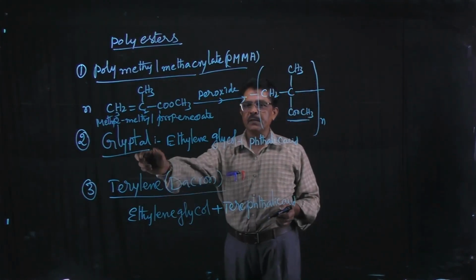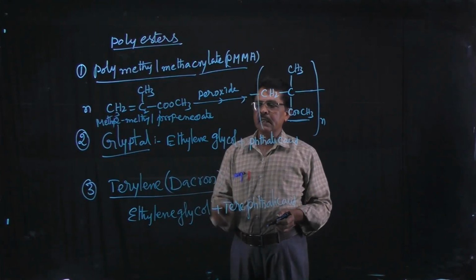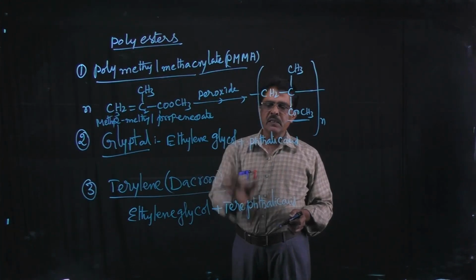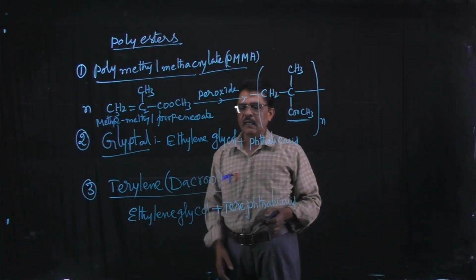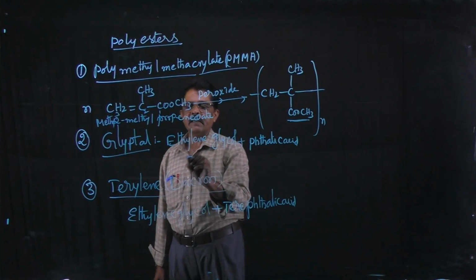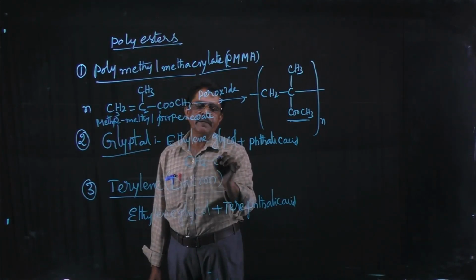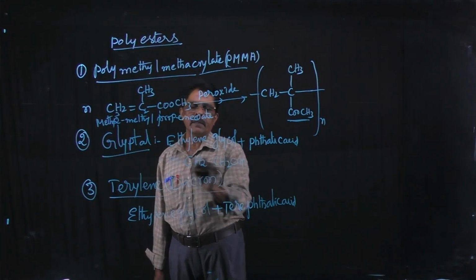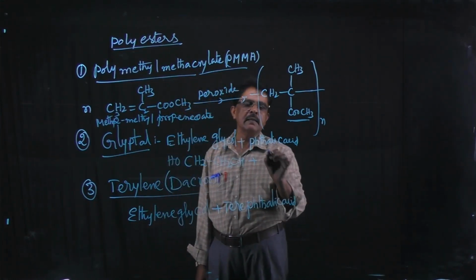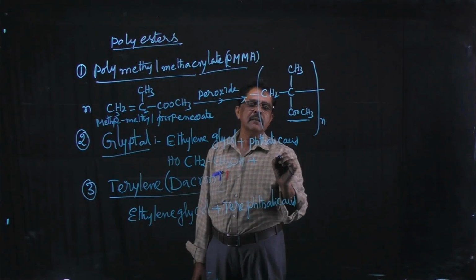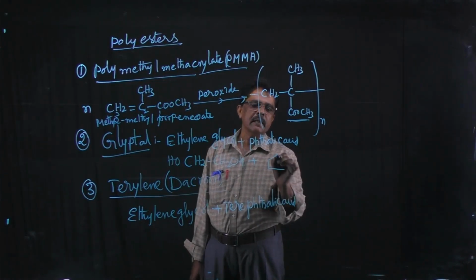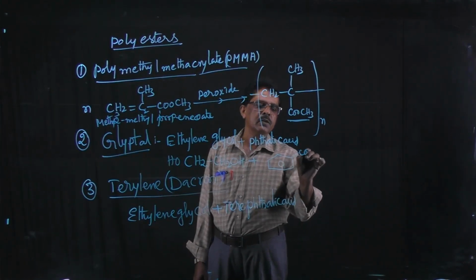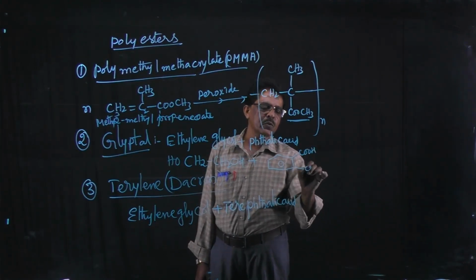Next important one is the what? Glyptal. Glyptal is the polymer of 2 monomer units. Ethylene glycol. Ethylene glycol formula you know very well. CH2OH. This is the ethylene glycol. Phthalic acid, you know that phthalic acid is benzene ring consists of 2 COOH groups.